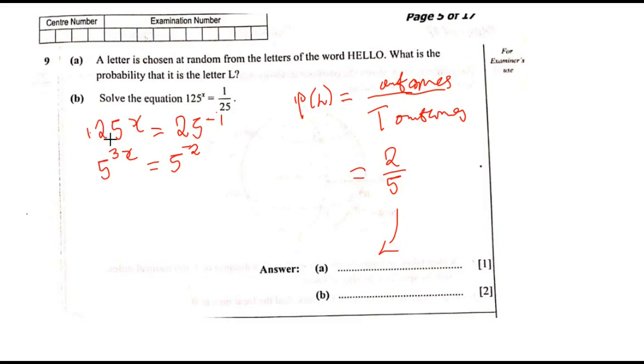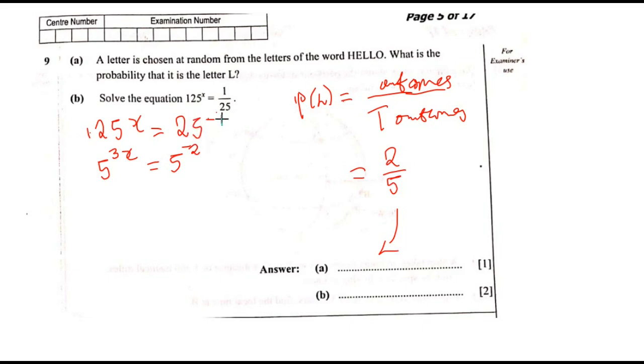Again, what we do is write the left hand side to have the same base as the right hand side, and the likely same base is 5. So we can write 125 in the form of base 5, which is 5 to the power 3, which gives you 125. This 3 you multiply with the exponent, and it becomes 3x.